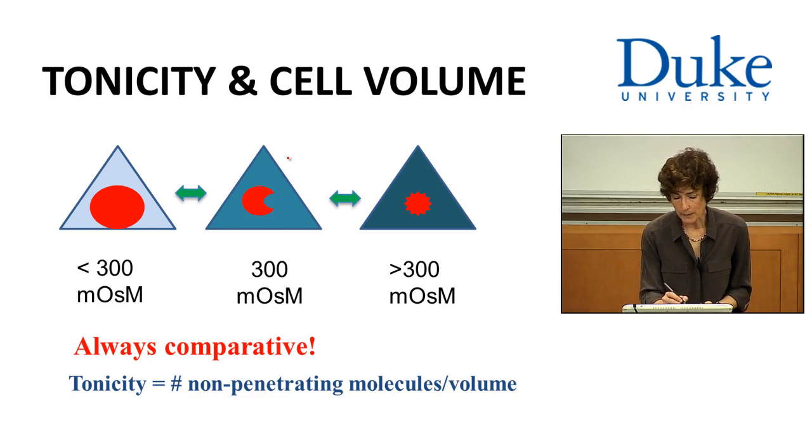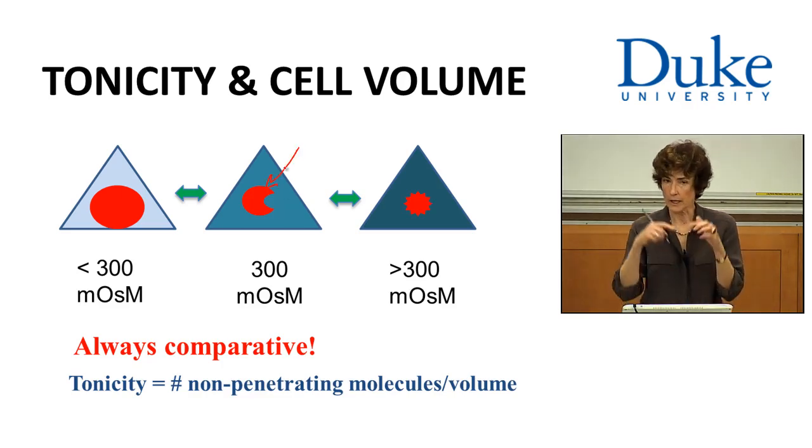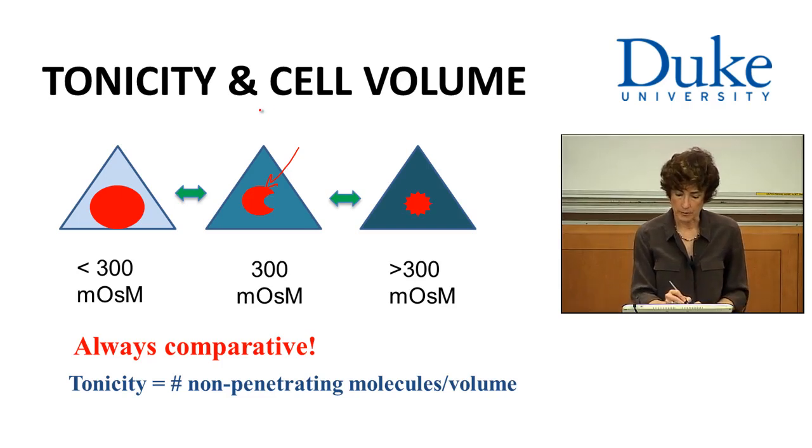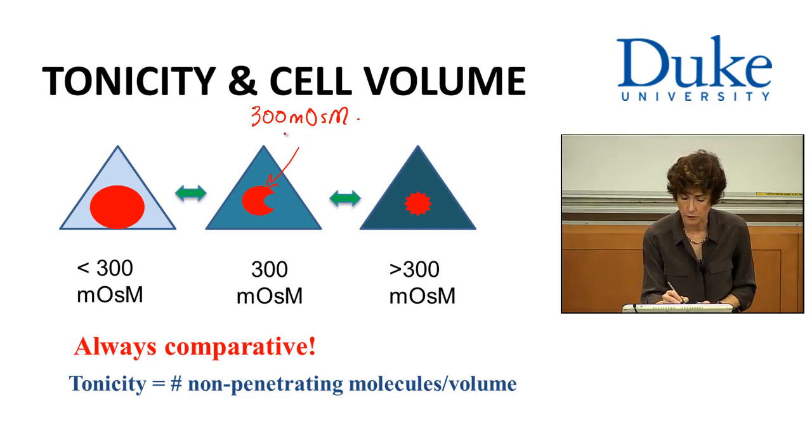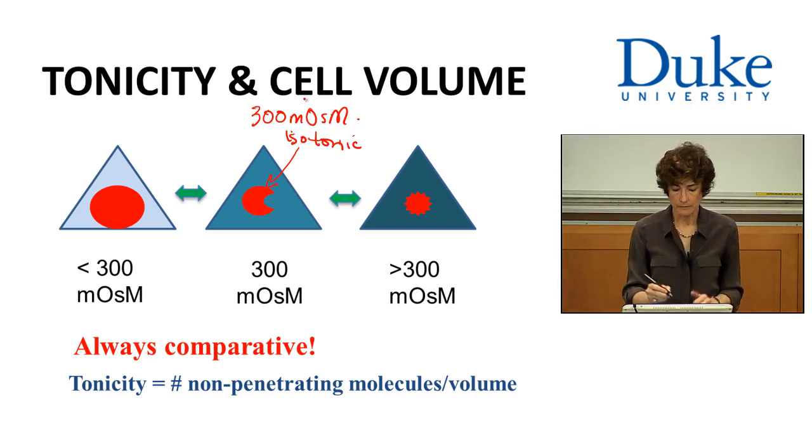If I have my red blood cell and I put it into a solution that's 300 milliosmolars, then the red blood cell is happy because it itself is 300 milliosmolars, and that's going to be a solution that's isotonic. It's the same tonicity as the cell.